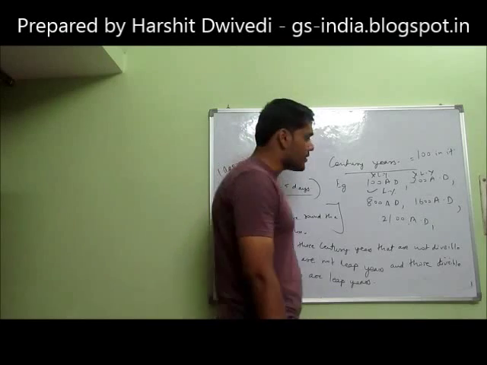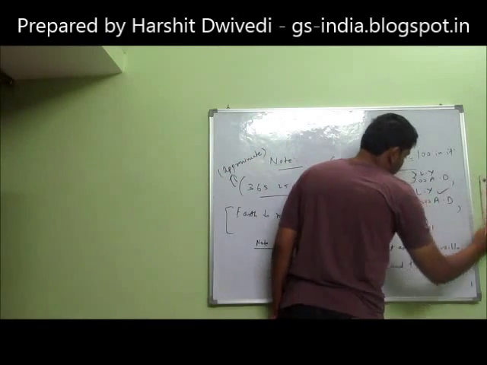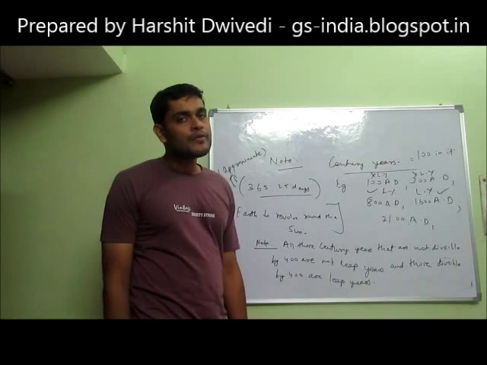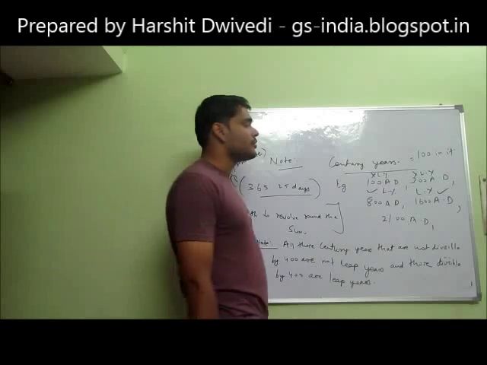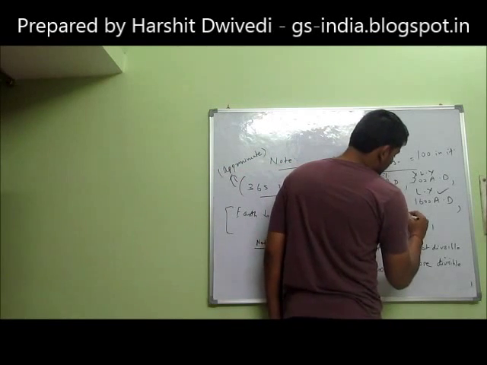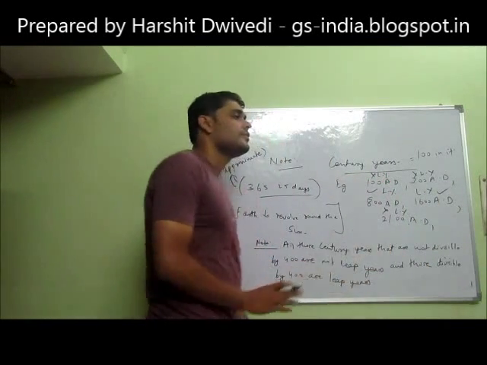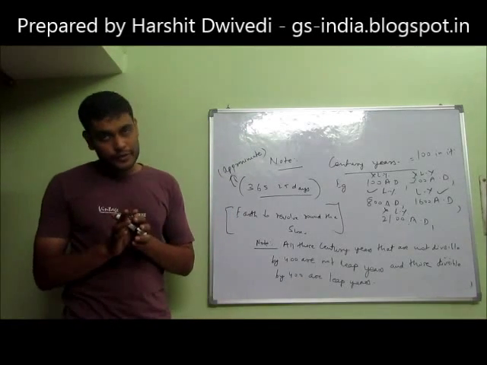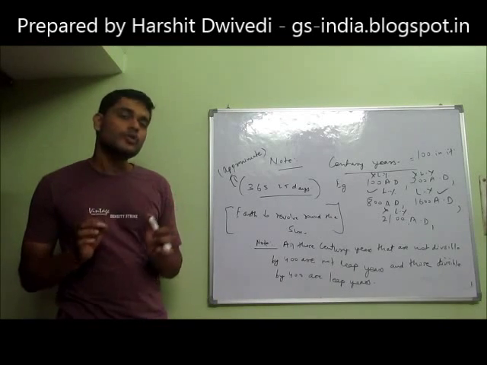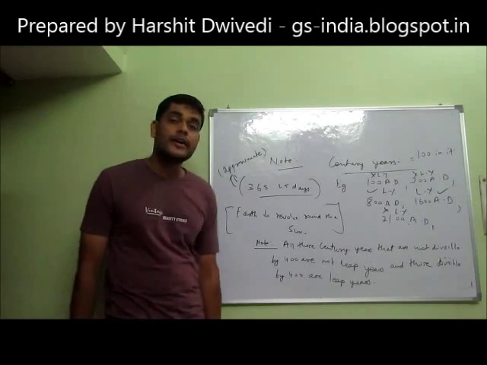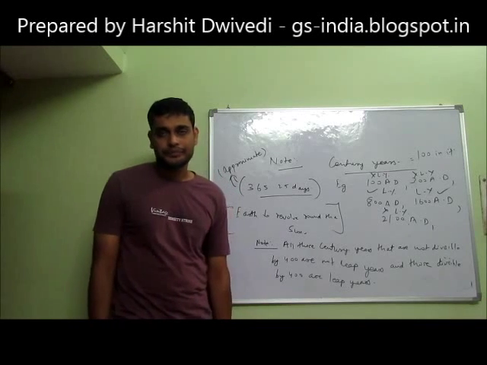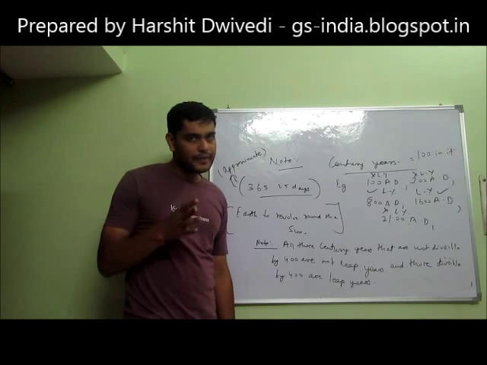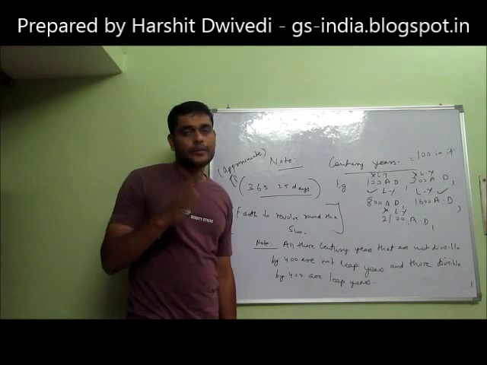Yes, so it is a leap year. 2100 AD: is it divisible by 400? No, so it is not a leap year. So friends, simple: century years divisible by 400 are leap years, and century years not divisible by 400 are not leap years. As simple as that.